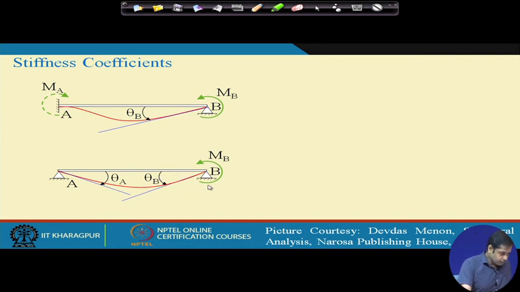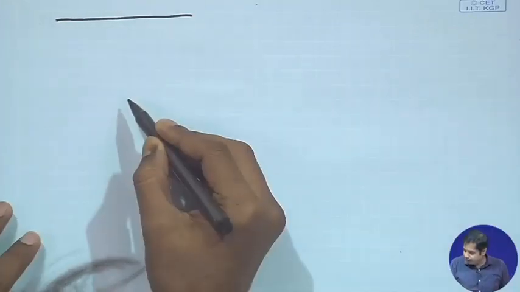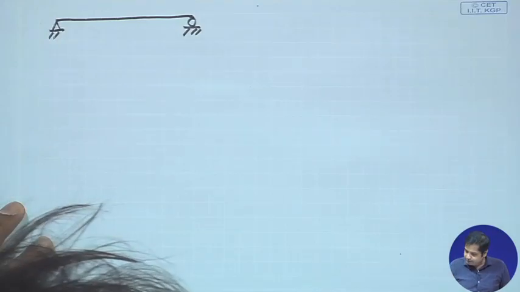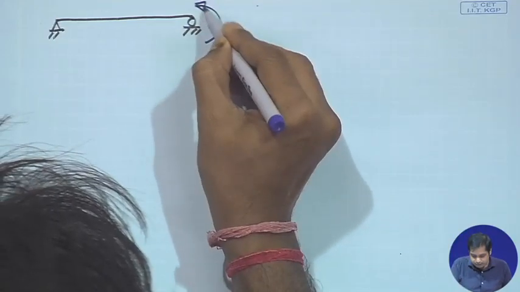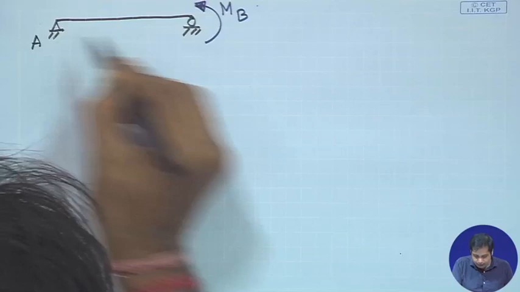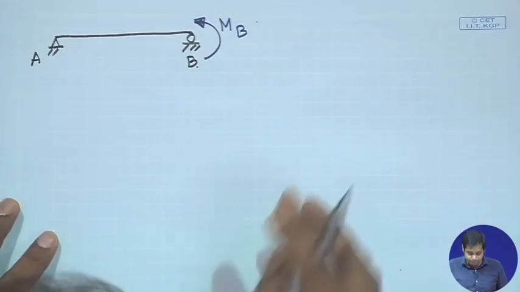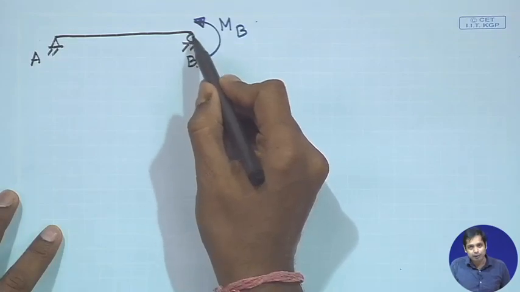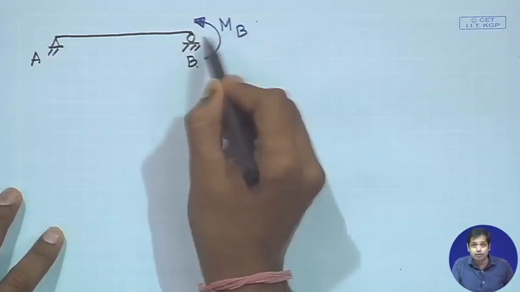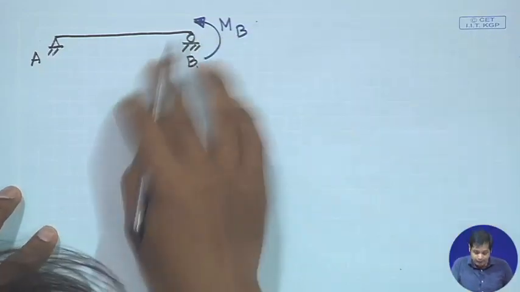Okay. Now, let us do that once again. This is subjected to a moment which is MB here, because this is A and this is B. Now, you could have taken a hinge support here; both will give you the same thing, because there is no horizontal load, so horizontal reactions will be 0.